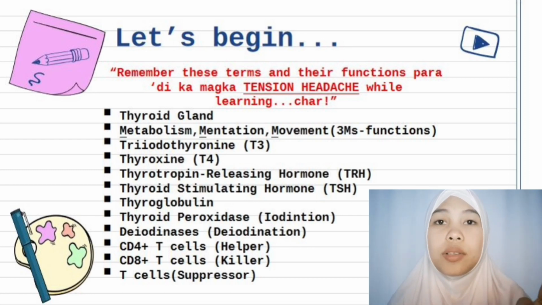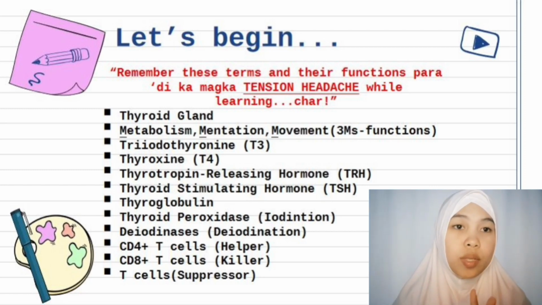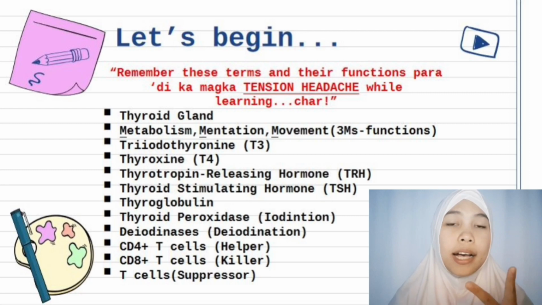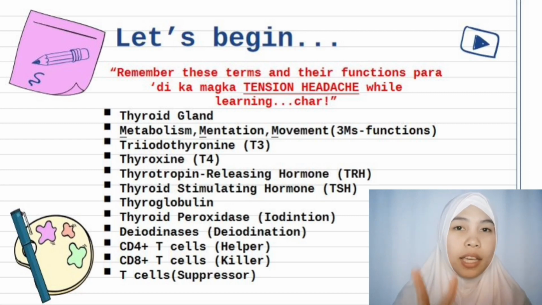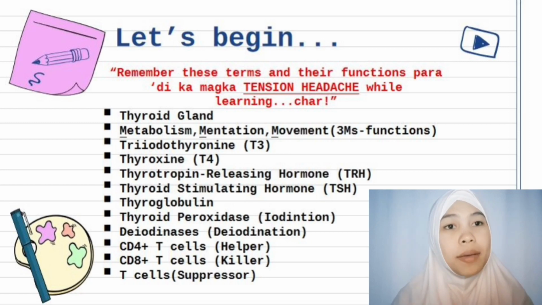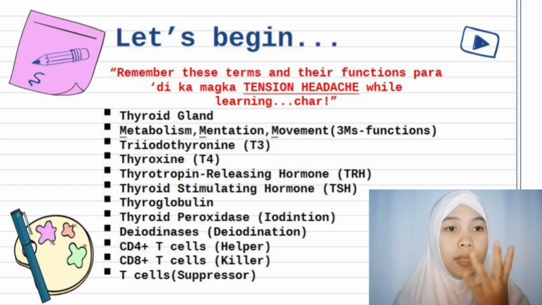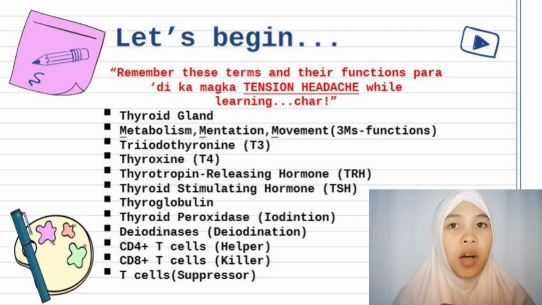And then we also have the deiodinases. Those 2 enzymes are in charge of the deiodination. So the deiodination is breaking away 1 iodine from a T4. Okay, why do we need to remove 1 iodine from T4?